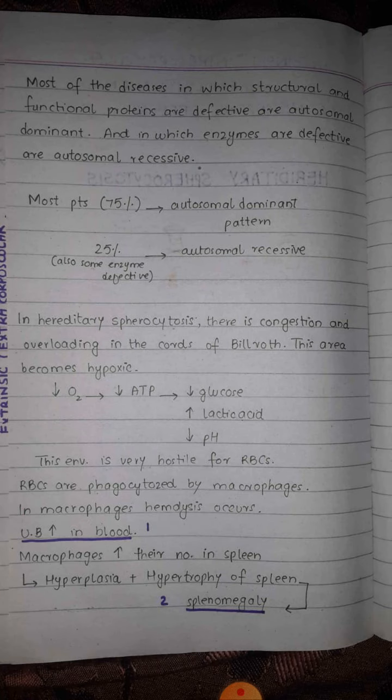So in 75% of the cases, hereditary spherocytosis is an autosomal dominant disease. It is transferred from parents to offspring in an autosomal dominant pattern. And in 25% of the cases, in addition to these cytoskeletal mutations, there can be mutation in some enzymes. So in 25% of the cases, hereditary spherocytosis is transferred in an autosomal recessive fashion.